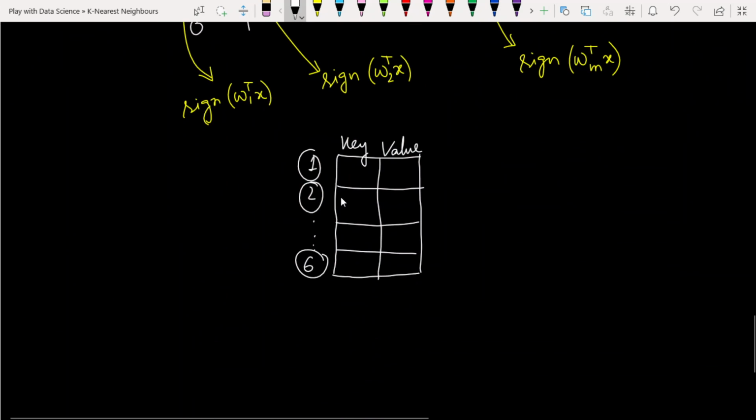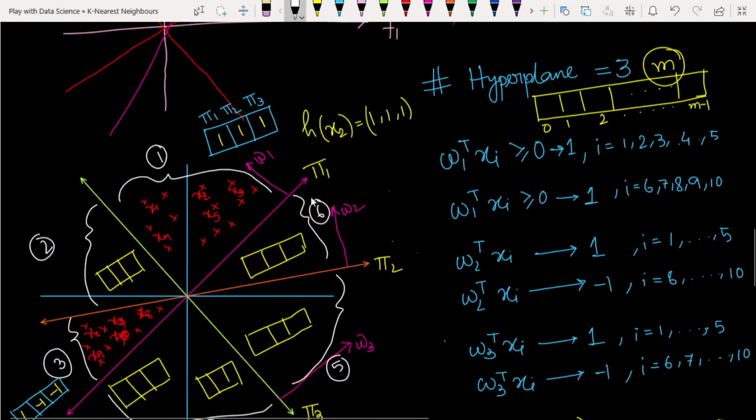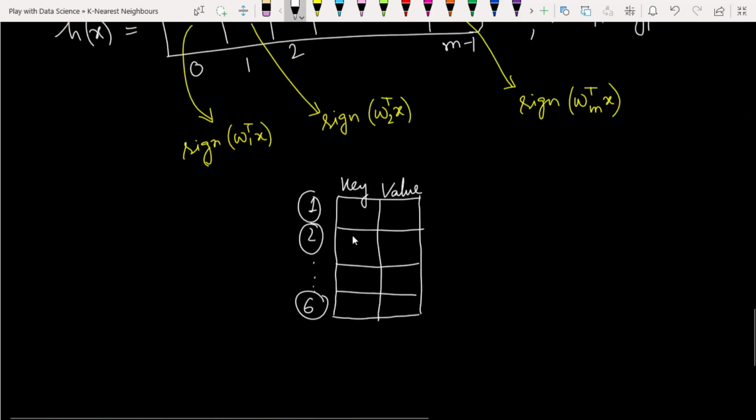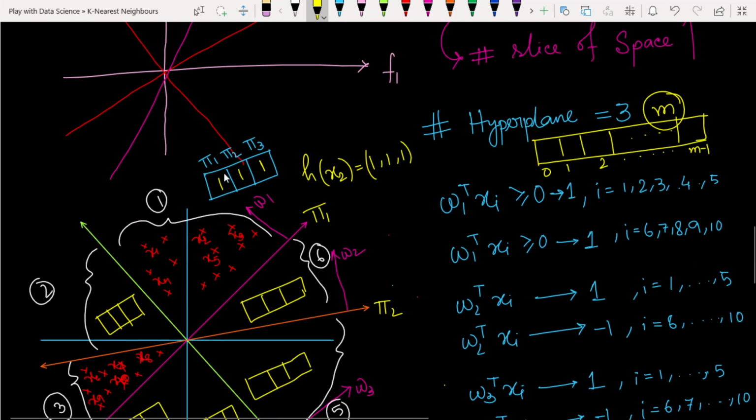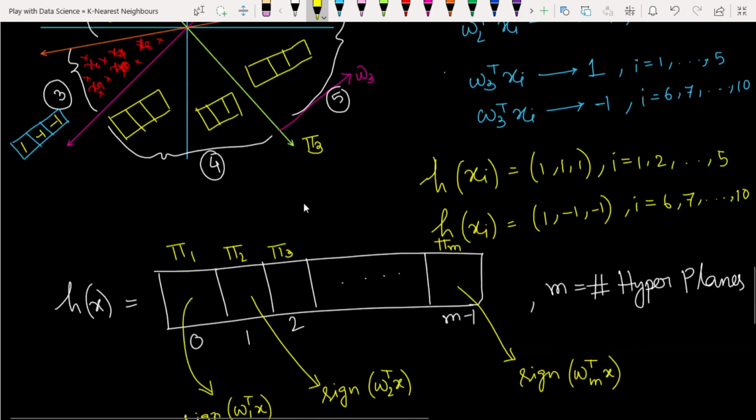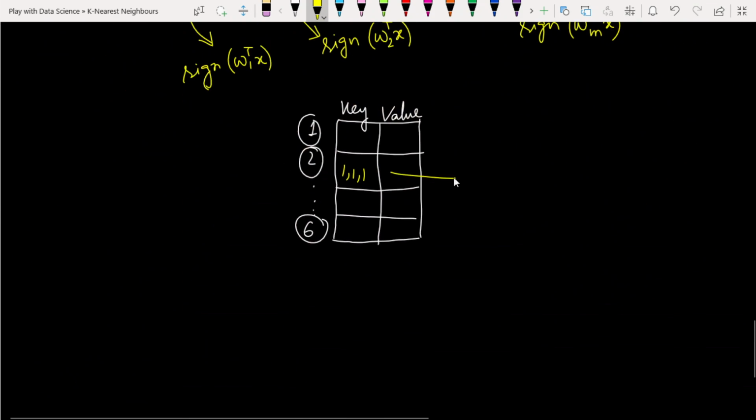So suppose our key value is 1 1 1. In such a case the key is 1 1 1. For this square, if the key is 1 1 1, what will be the value here? Our value will be x1, x2, x3, x4, x5.